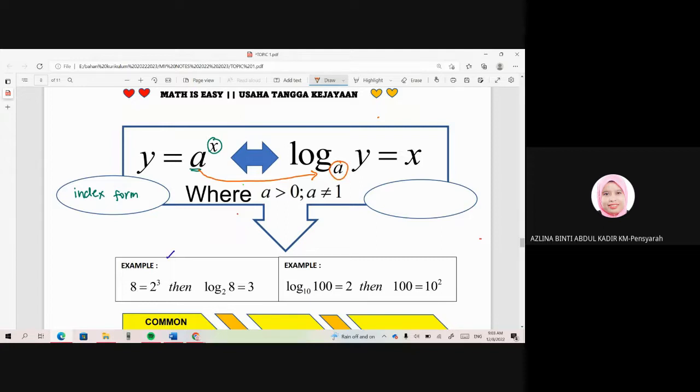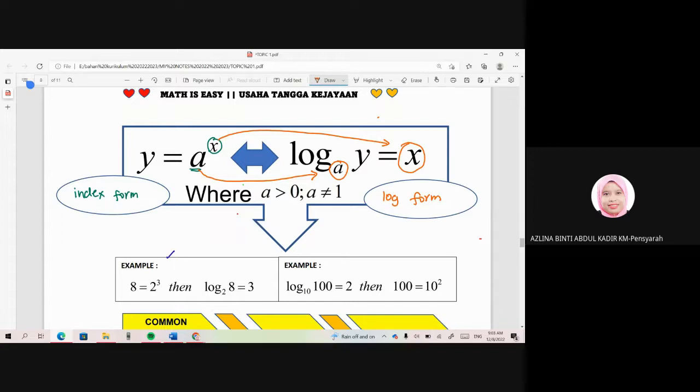Then the index x goes to the right of the equal sign. So we have log y base a is equal to x when you change to log form. Vice versa, from log form you change to index form, it is the same.